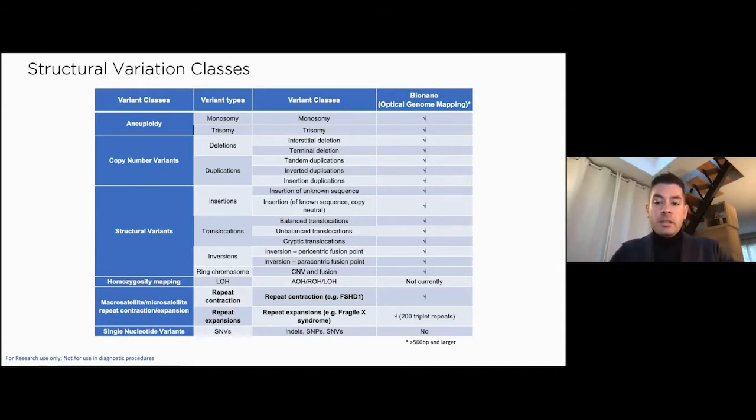And we can detect these events down to 1% allele fraction thanks to our high coverage, and this automatically and genome-wide.